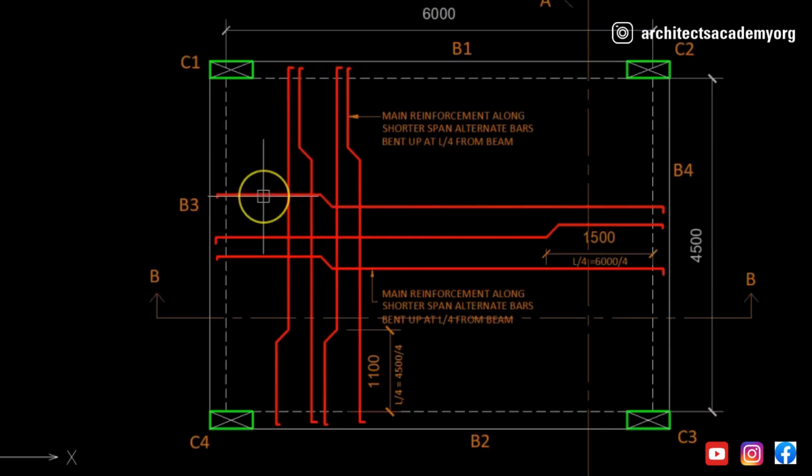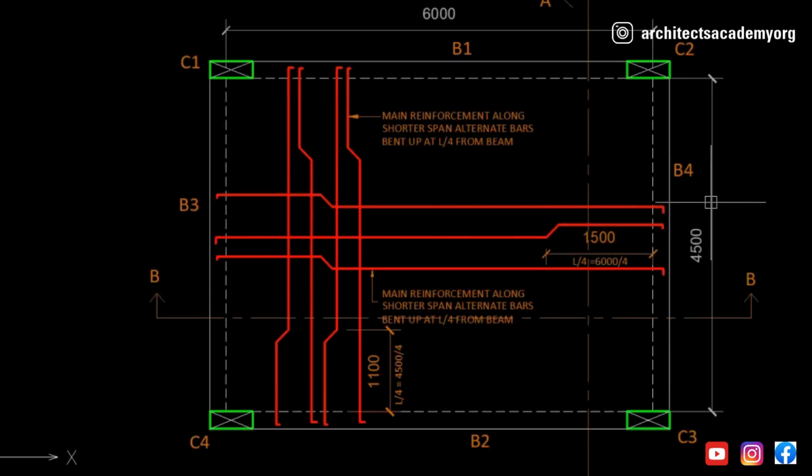So what you will see here is that the alternate bars, this bar, then this bar, these alternate bars are bent on the left hand side here, while the other alternate bars are bent up like this on the right hand side. So alternate bars in this slab are bent up.